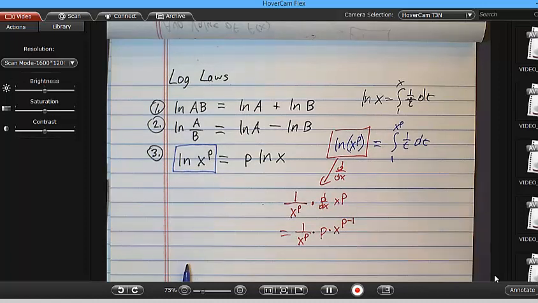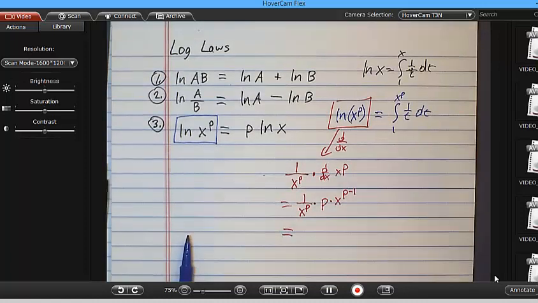So what's that equal? Well, you could write this side as a fraction by putting it over 1. Can you cancel anything? Well, I see a p up here. I can't cancel that. But don't I have a whole bunch of x's in the numerator and a whole bunch of x's in the denominator?